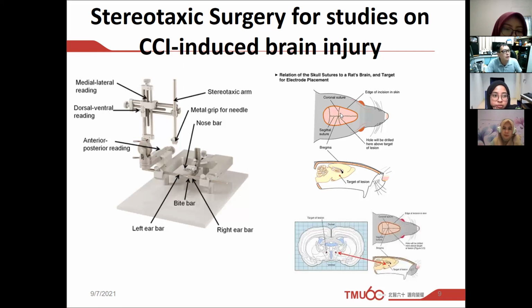For example, I'm going to do an injury at this spot. So we mark it first, then use this machine, move the stage and practice before we make an impact. So when we make an impact later on, we are going to hit this spot. So we can repeat this kind of experiment from mouse 1 to mouse 2, mouse 5, and get data.